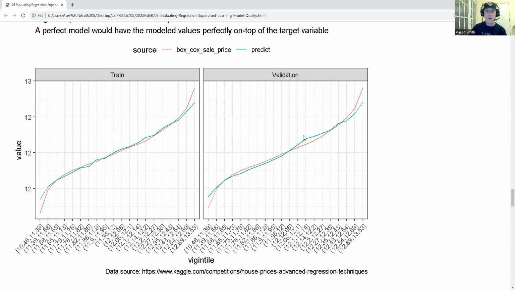Now, something I noticed here in my validation set, you'll notice that there's a bit of a difference here. One of the reasons why I like this plot is that when my model isn't good enough, my vigintile plot can at least say, hey, in this region, your model isn't performing as well.